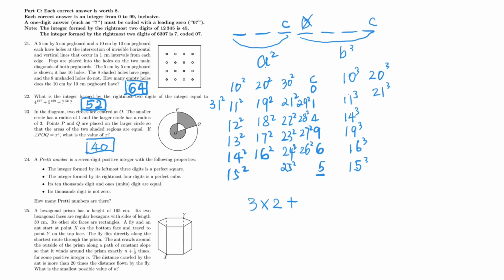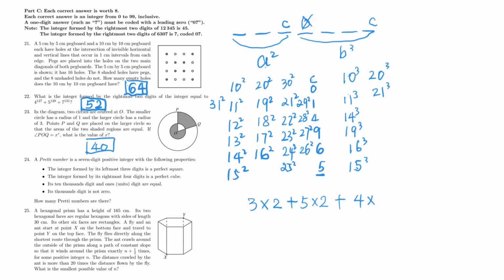A square has 1, 2, 3, 4, 5, and the B cube has 2: 11 cubed and 21 cubed, so 5 times 2. For ones digit 4, A square has 4 numbers.